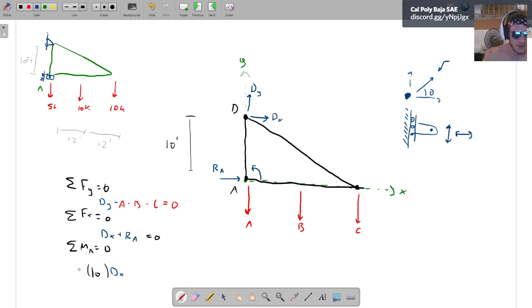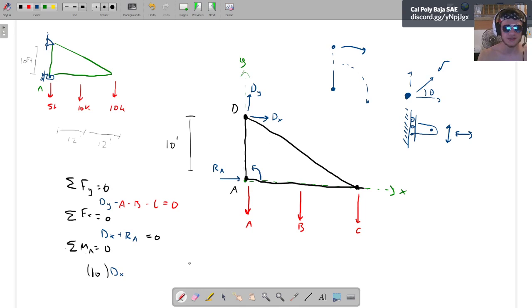Actually, I've stumbled into something that we discussed in a previous video, but I'm going to assume that moments are positive in the direction they're drawn. So Dx would cause this whole thing to rotate about point A, if I draw a moment arm from point A to point D, that way. So I'm going to say it's positive in that direction.